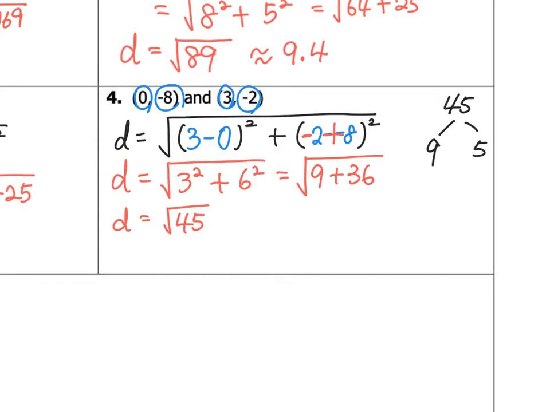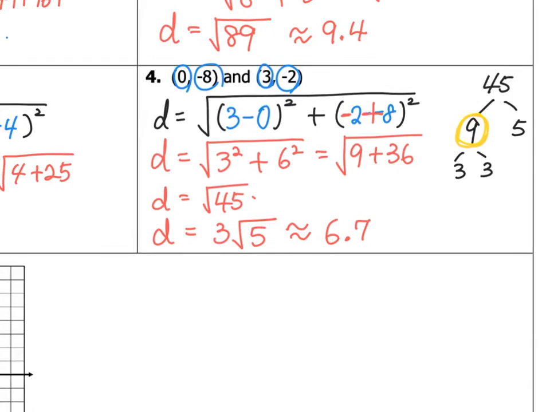That's right, we found the perfect square number 9. That's the square of 3, right? So that means 3 can get outside of the square root. So 3 square root 5. So if you estimate, that will be 6.7.